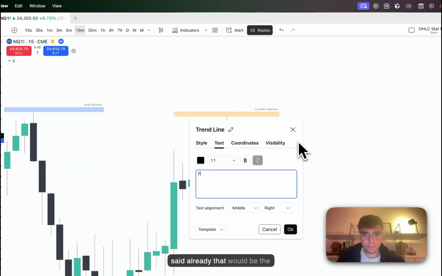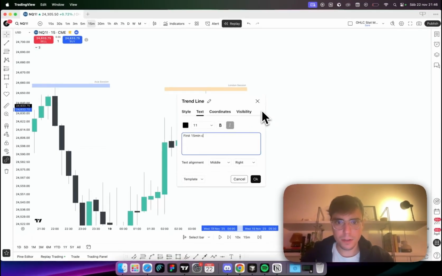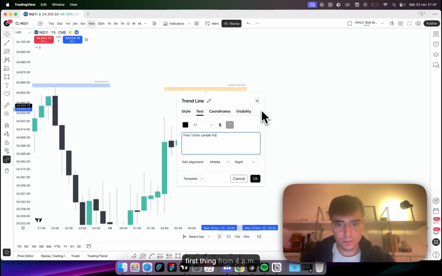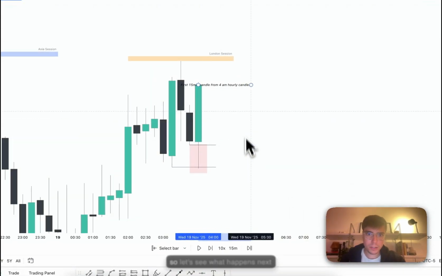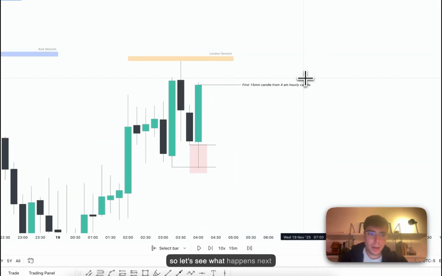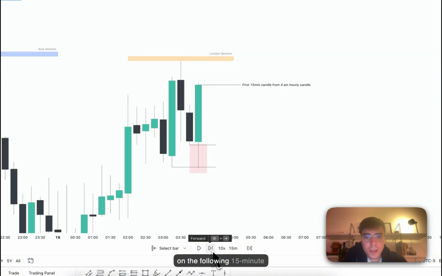So that would be the first thin candle of the 4 a.m. hourly candle. We all agree on this. So let's see what happens next on the following 15-minute candles.